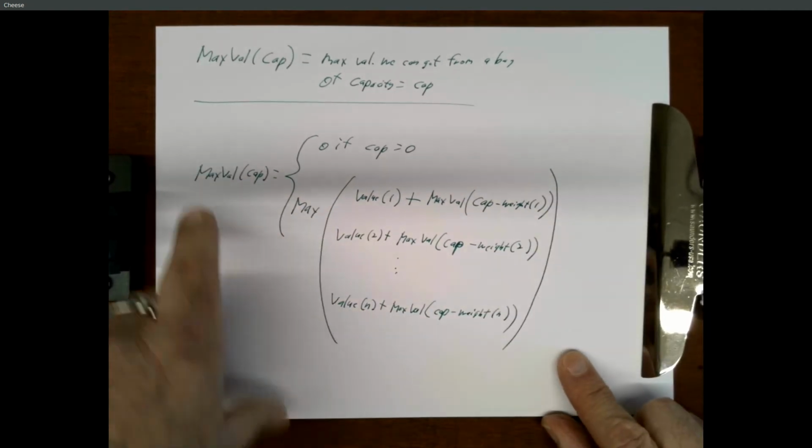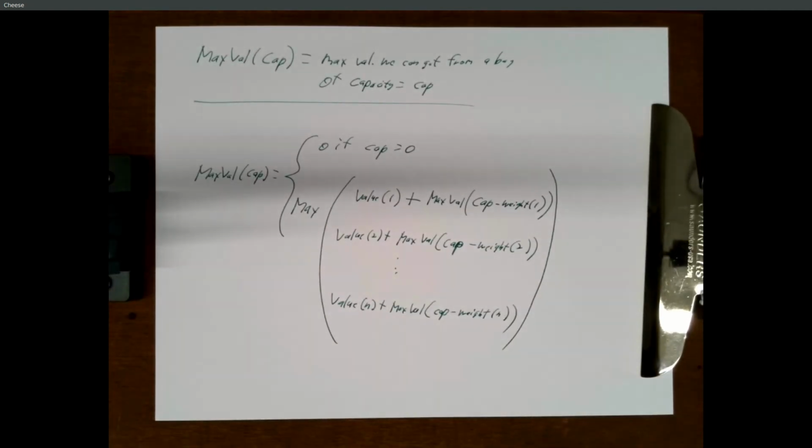I pick the largest. That's my max value. And that's a perfectly fine recursive definition. And there is one caveat here.